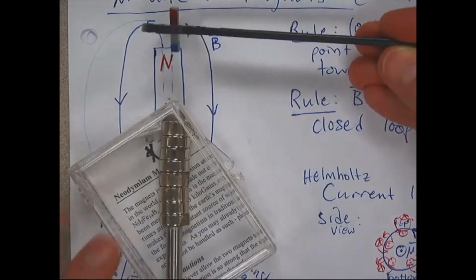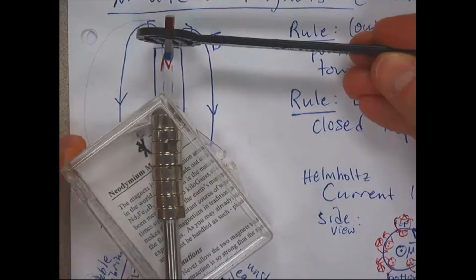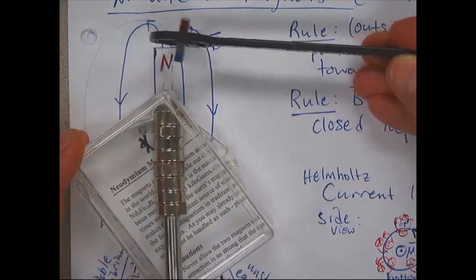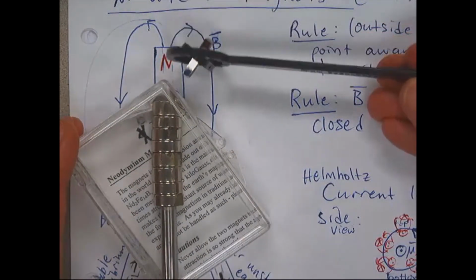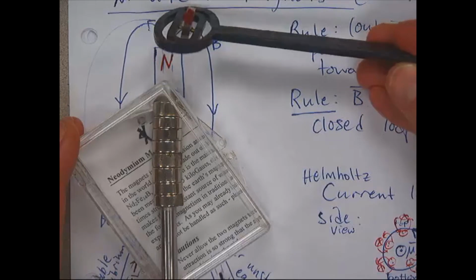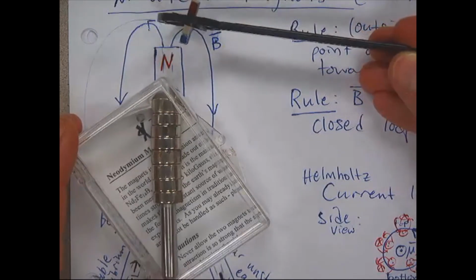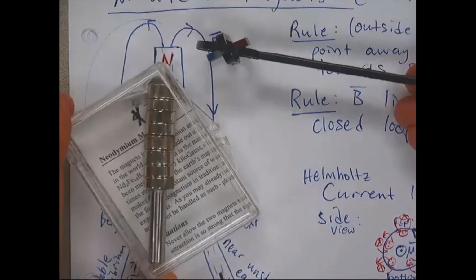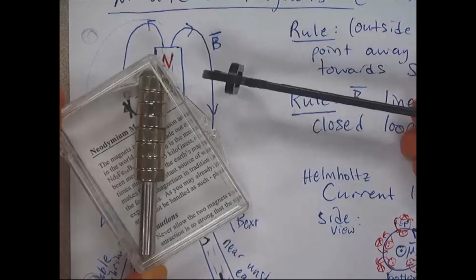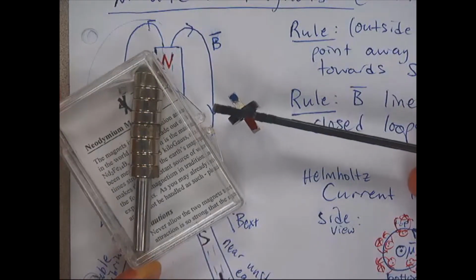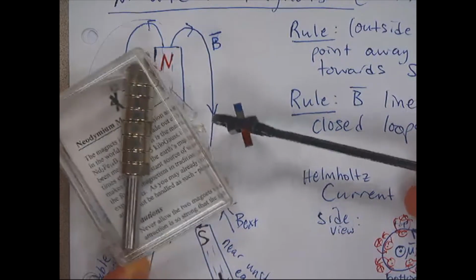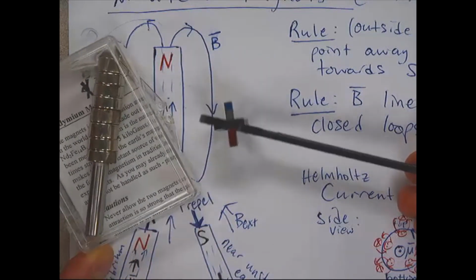When close to the north pole, it aligns with its blue south pole end close to the north. You can see it's tracing the path of the external B field. It is aligning with that external field.